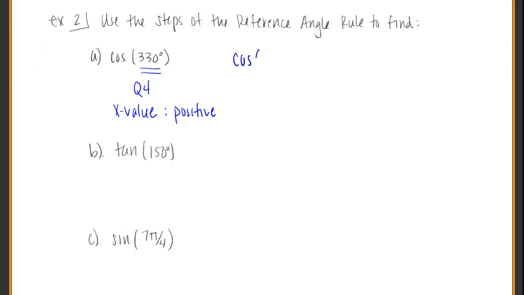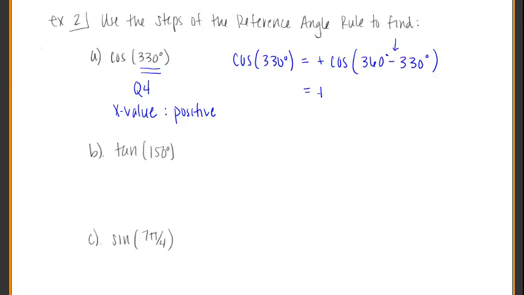So cosine of 330 degrees is the same thing as the positive cosine of 360 minus 330. And what I'm doing right here in this parentheses is using the rule. I'm going over to quadrant 4 on that little chart that I drew you guys, and I'm putting in the rule that our reference angle is 360 minus whatever you started with in quadrant 4.